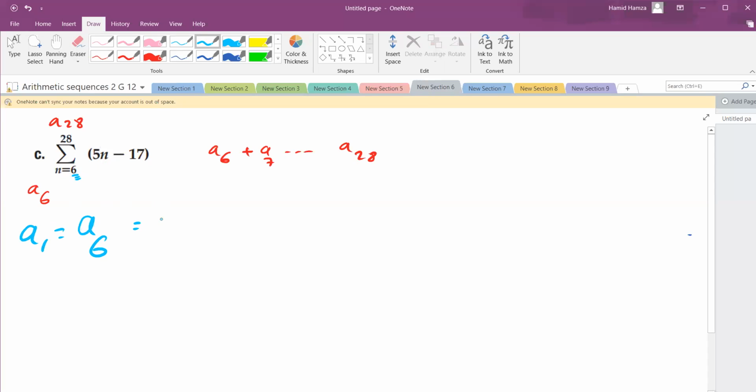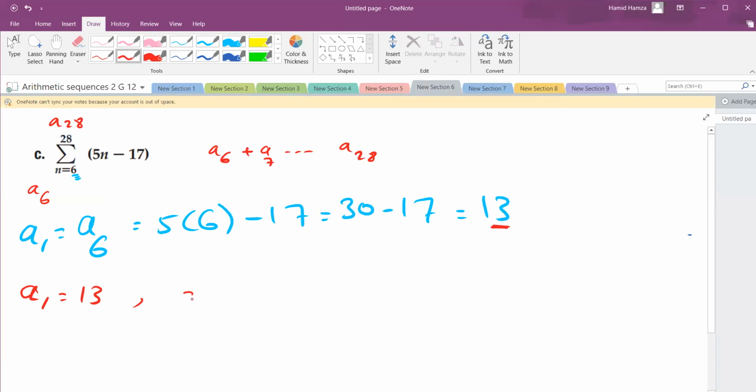It will be 5 multiplied by 6 minus 17. It will be 30 minus 17, which is 13. So the first term will be 13. So A1 equals 13, D equals 5.